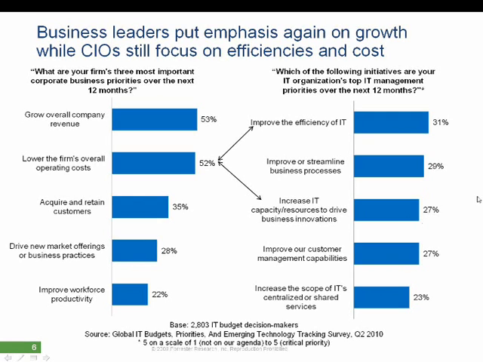That's very important. If we also then look at the next one, improve or streamline the business process, and the third one, increase IT capacity or resources to drive business innovations, we're seeing that there's a shift, and we call this the shift in the MOOSE. What we mean by MOOSE inside Forrester is that MOOSE stands for the maintaining of the ongoing system environment, which means it's the work we do to keep our business going.